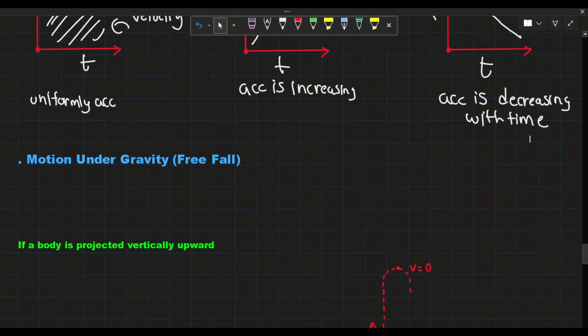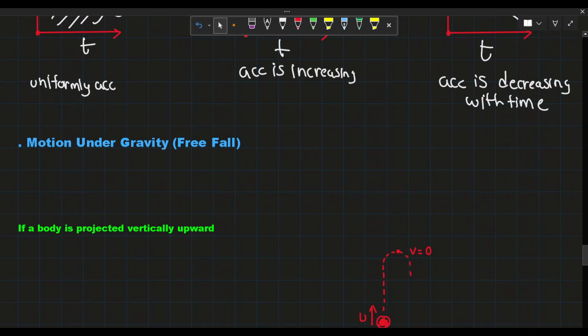Moving on to motion under gravity or free fall, one thing you need to keep in mind is your g, which is called your acceleration due to gravity.